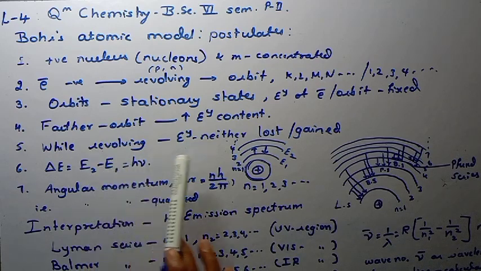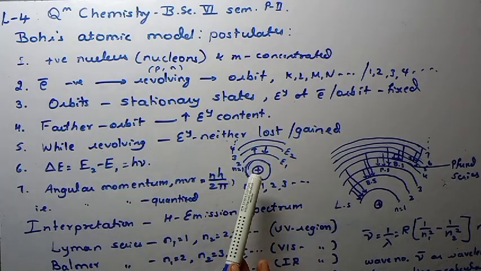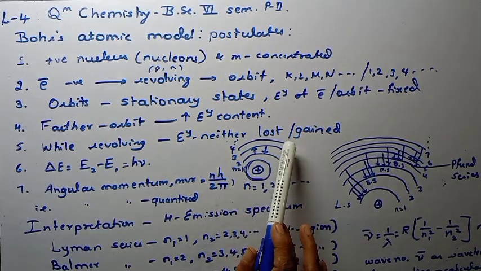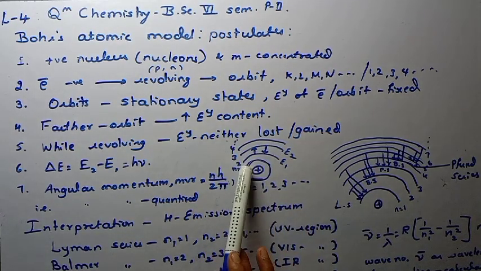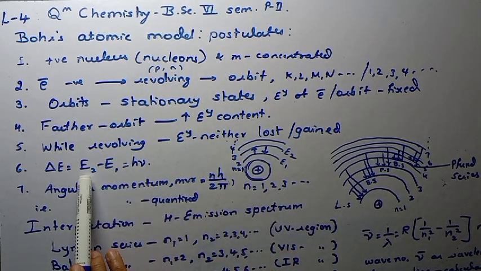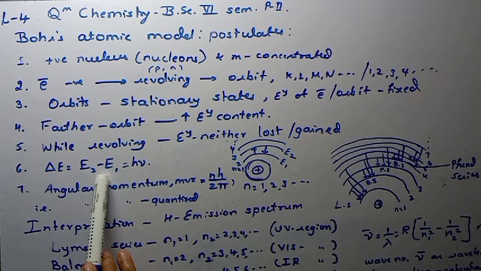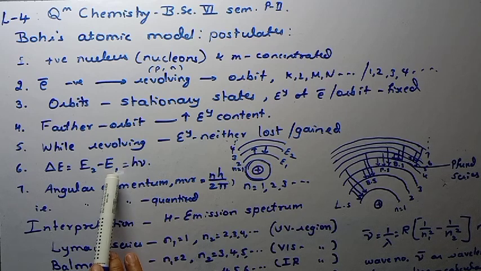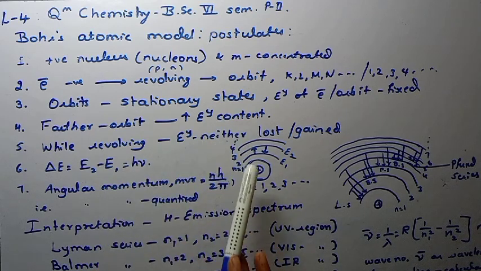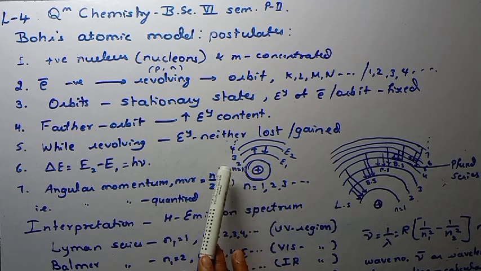Similarly, suppose the electron jumps from a higher energy level to a lower energy level, say from the fourth shell to the first shell. E2 is the energy of the fourth shell, E1 is the energy of the first shell. The difference is equal to the energy emitted while jumping to the lower energy level from the higher.